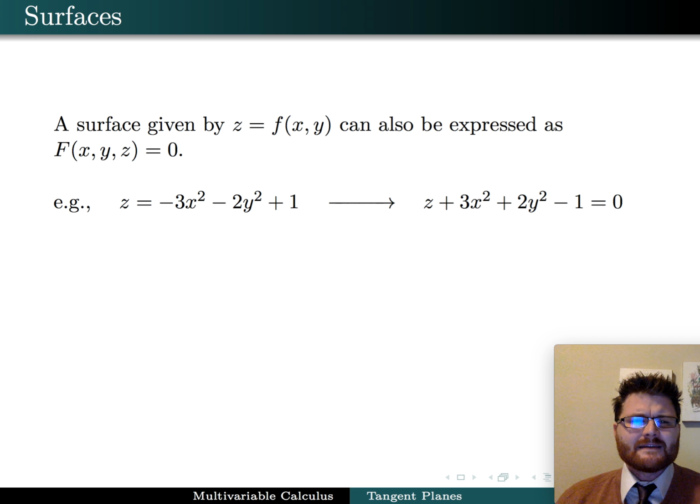And if I do that, then I've got a function of three independent variables, which has level surfaces. Specifically, our surface is one of those, and the gradient then is going to be orthogonal to that.